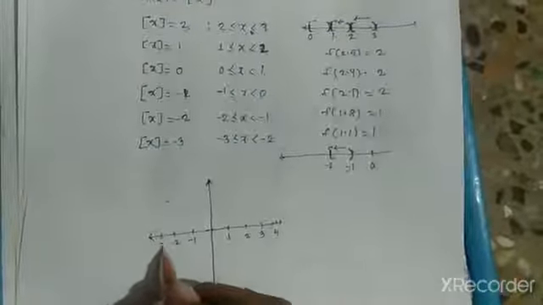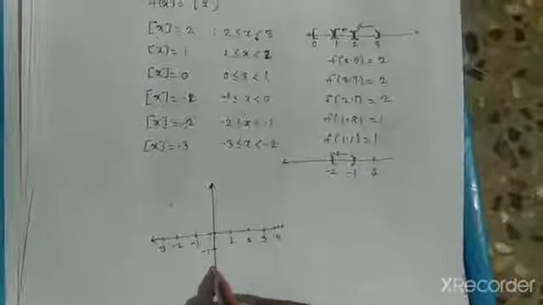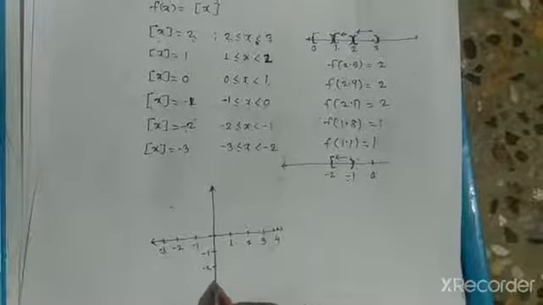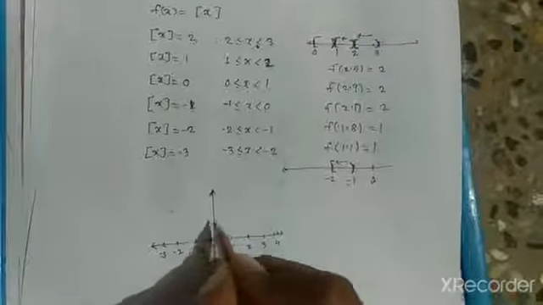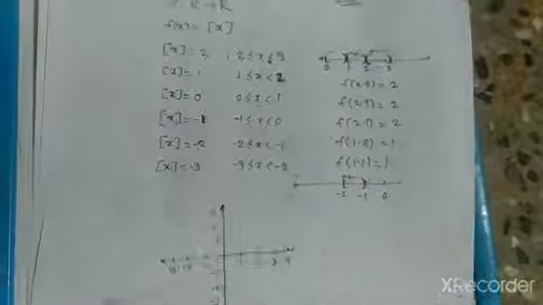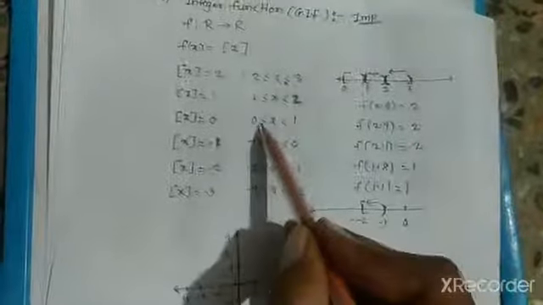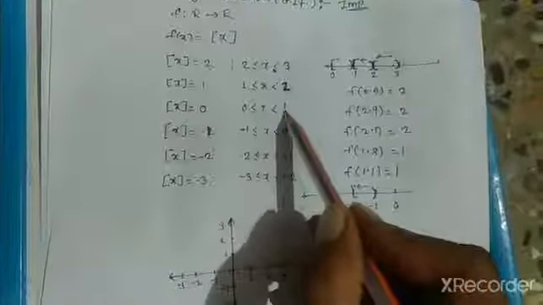For the height on the y-axis also -1, -2, -3, and here 1, 2 and 3. So first we draw from x is equal to 0, 0 less than or equal to x less than 1.